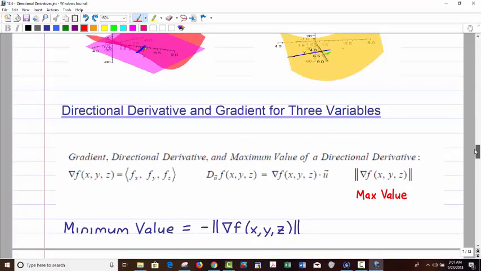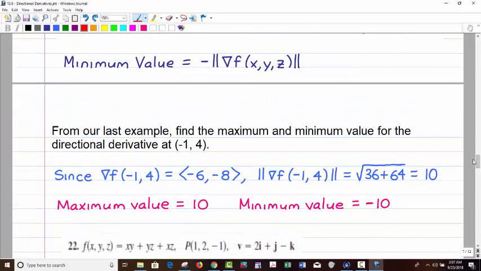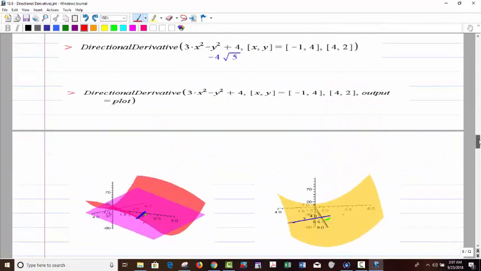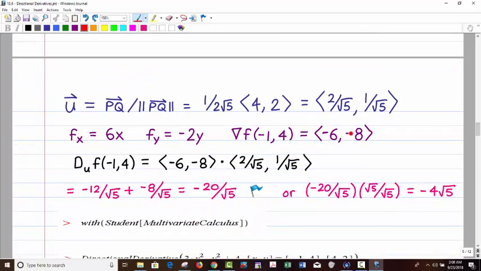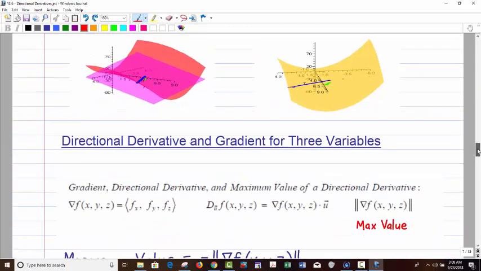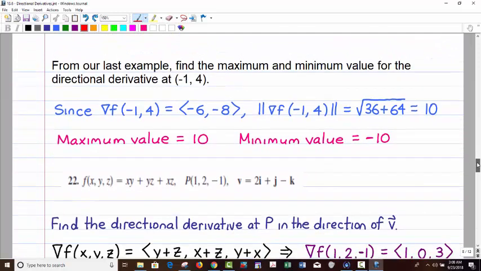Well, anyway, the gradient at negative 1, 4 was negative 6, 8. We had that right up in here, right? Should be right there. So we're using that gradient right there, and then we're taking the magnitude of it and the negative magnitude of it. So the magnitude is 10, and then the negative magnitude is negative 10.